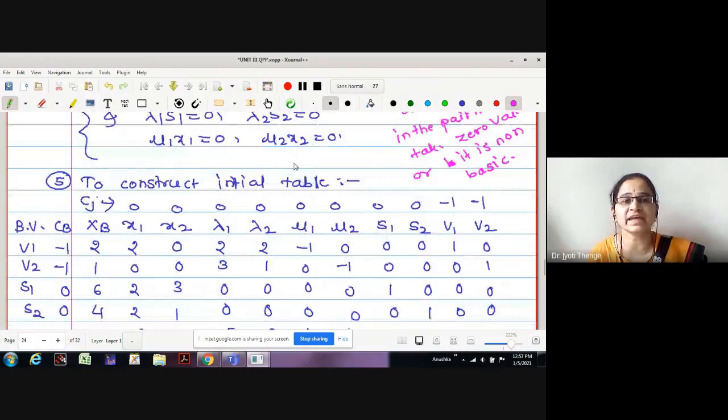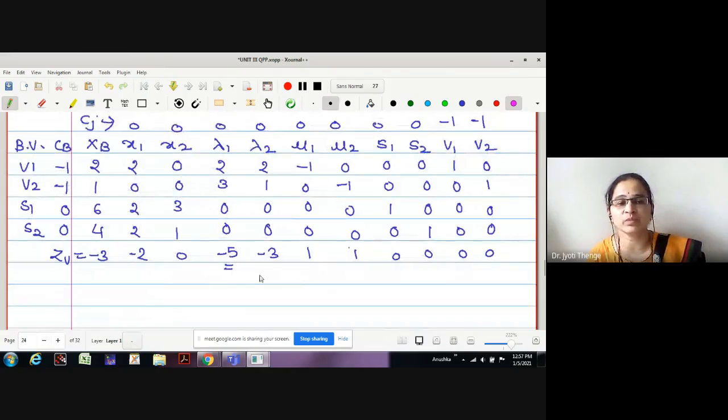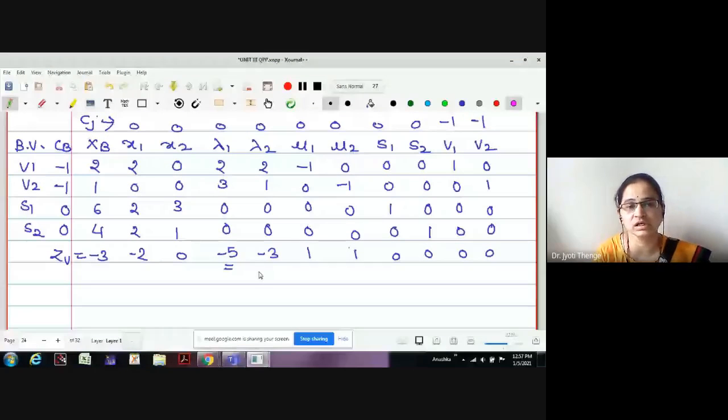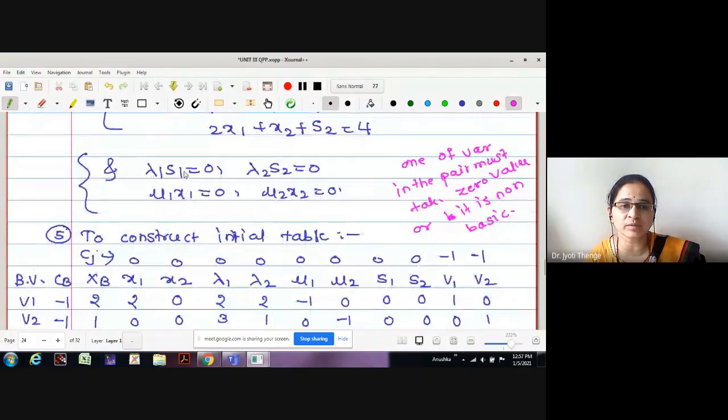Now we will take care of this condition while selecting our incoming vector. According to the theorem, minus 5 is the most negative, so lambda 1 has to enter the basis. But what is the pair of lambda 1? S1 is the pair.